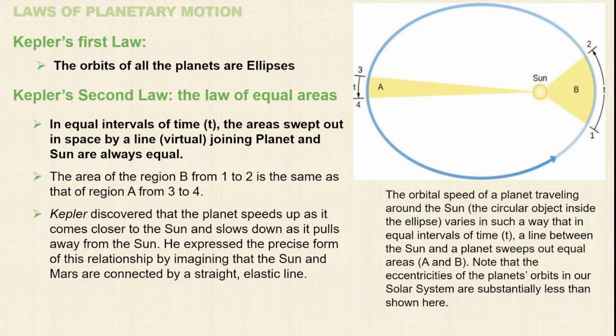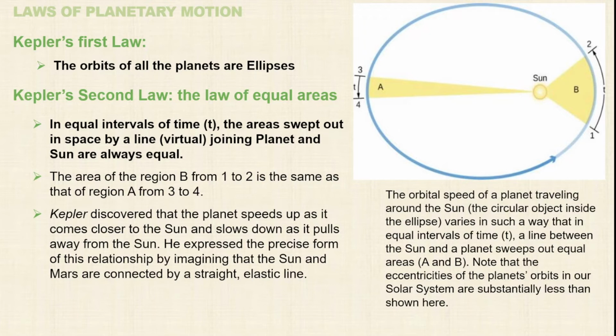Orbits of all the planets are ellipses, not circular. And the second one, the law of equal areas, that in equal intervals of time, the areas swept out in space by a line joining planet and Sun are always equal.